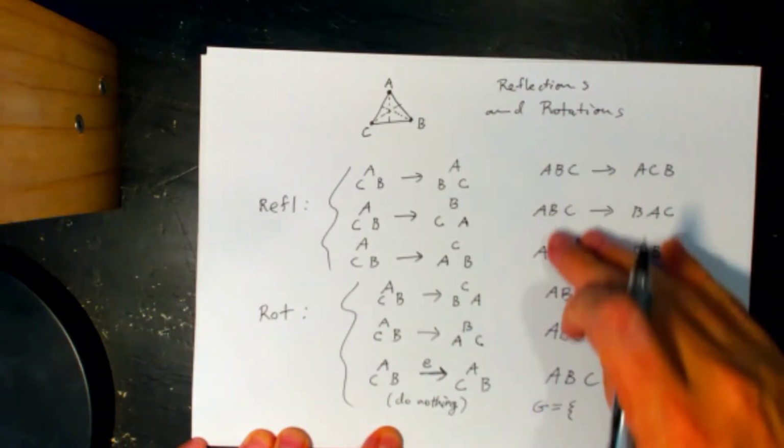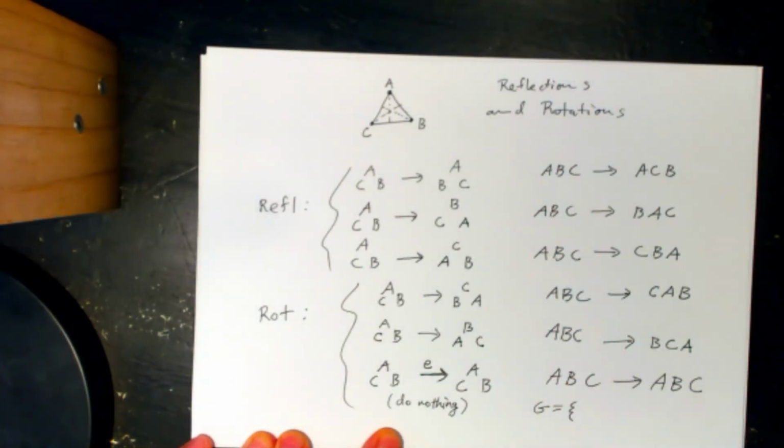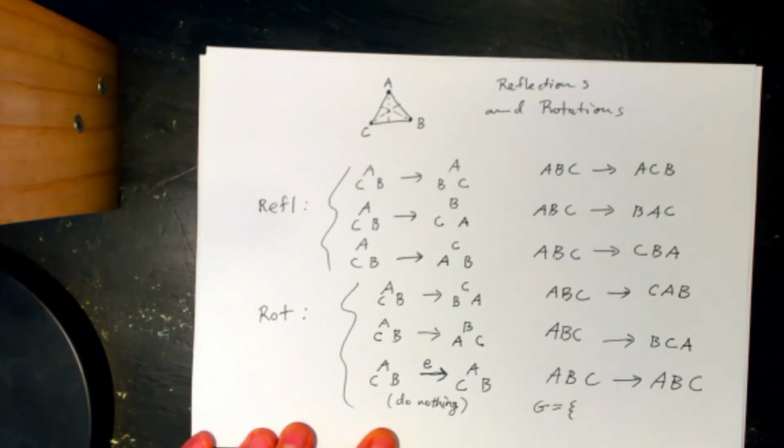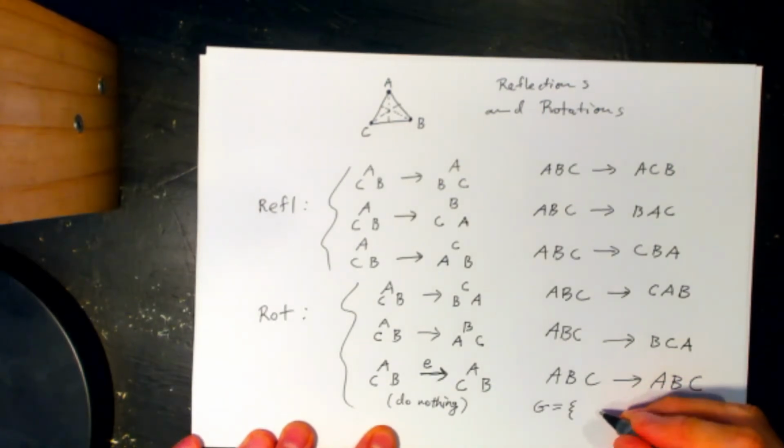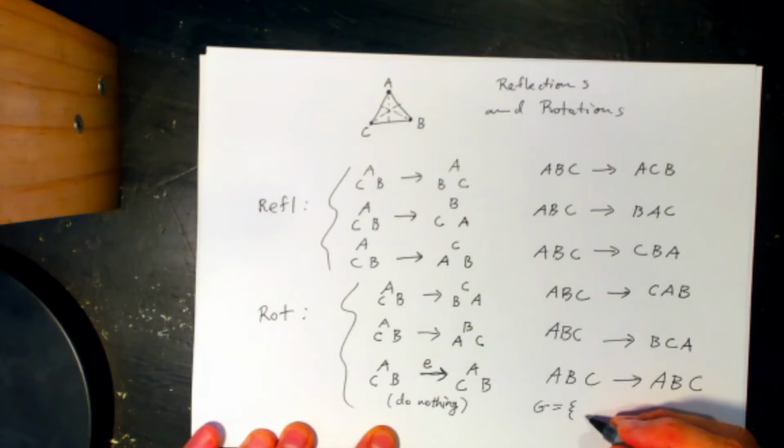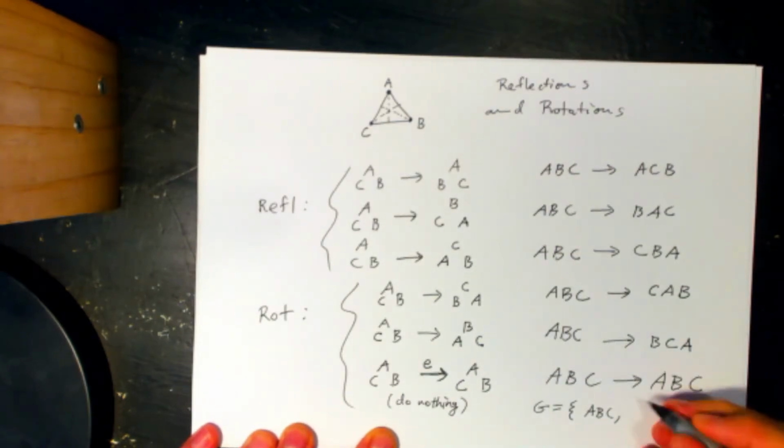Now these are just permutations of the letters A, B, C, so you can think of this in another way. Okay, so we have A, B, C, which is this one, right? Also this one.